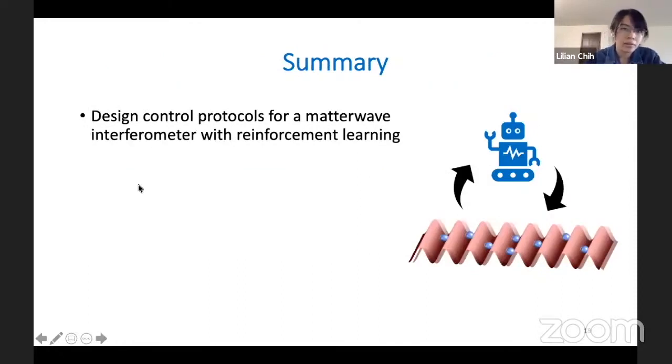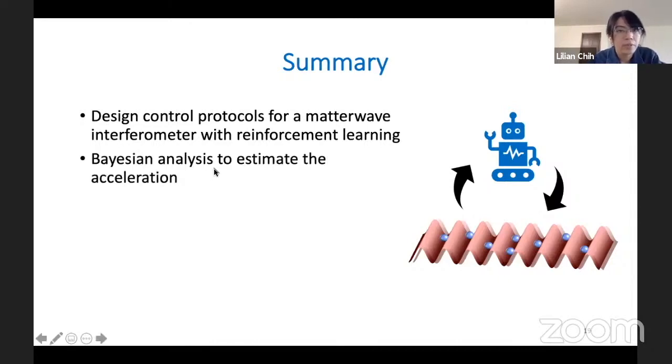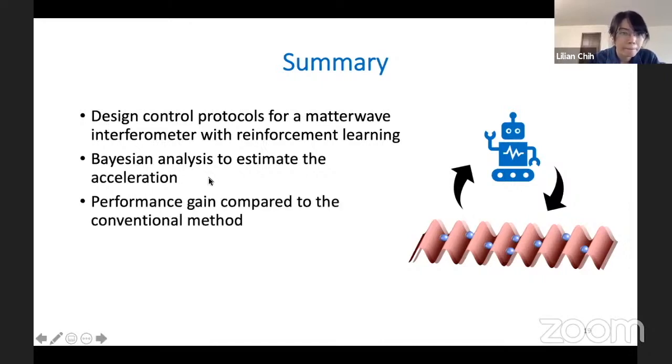So for this talk, I've told you how we design control protocols for a matter wave interferometer using reinforcement learning. And we do a Bayesian analysis to estimate the acceleration from the interference pattern of the interferometer.